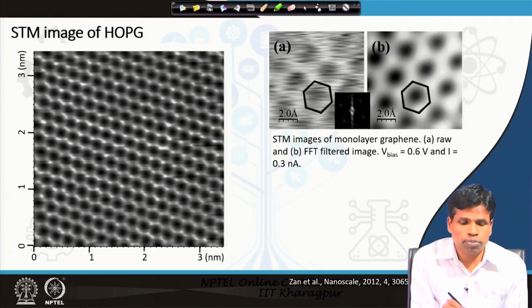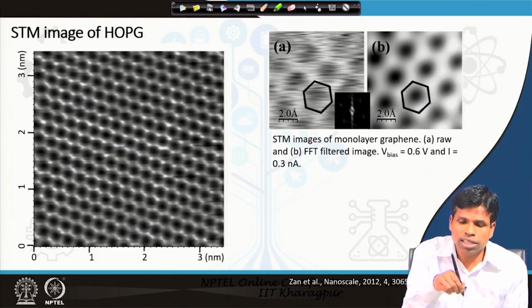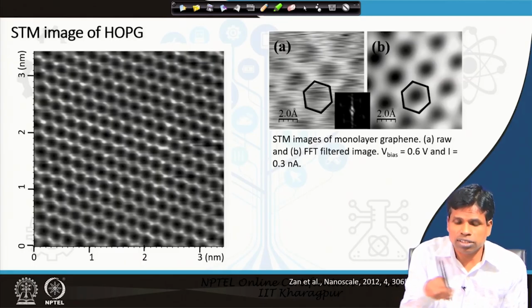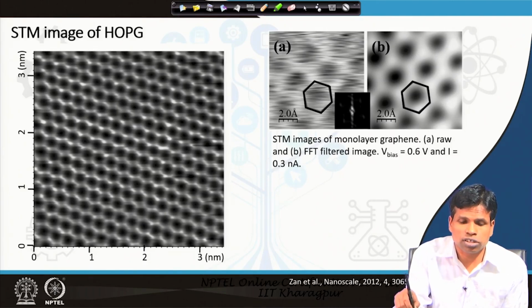In addition, if you look carefully, mostly we could see that the contrast or brightness is a little higher at the corners of the hexagons where carbon atoms are present, because as it is a constant height mode, as the tip is moved across the sample, wherever it sees an atom, there only it will find some current, and that current is utilized for constructing the image.